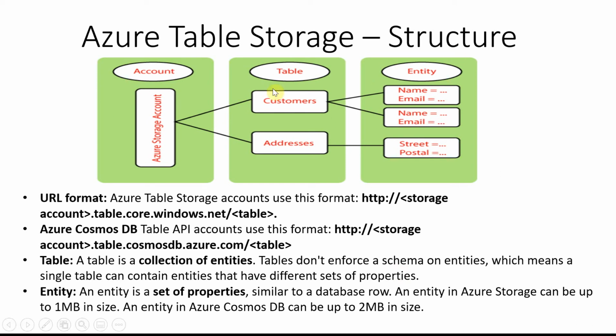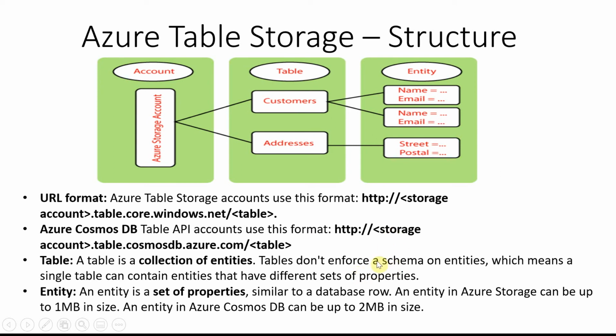For example, in customer itself you can also store the address section as a subcomponent. There's no hard and fast rule in a NoSQL world. You can put everything into one entity. It's up to you how you want to design it because it's flexible. Of course, if you want to think logically, it is good to separate it.